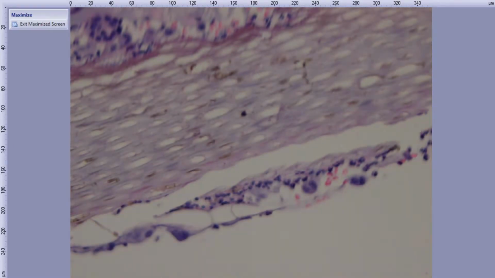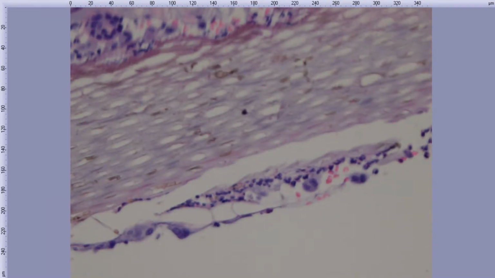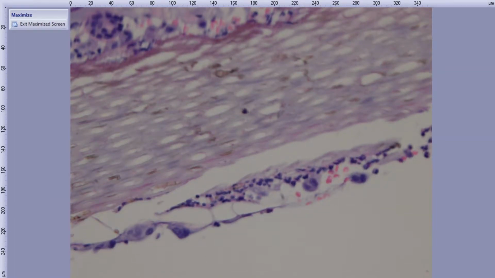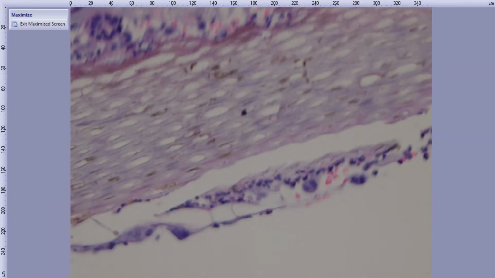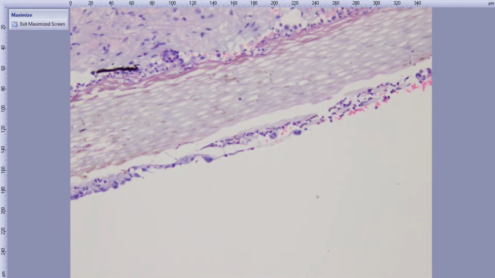Sorry, trying to focus here. Yeah, just kind of. And this one's a little bit tough to focus because of this big wood splinter. It's just thick.